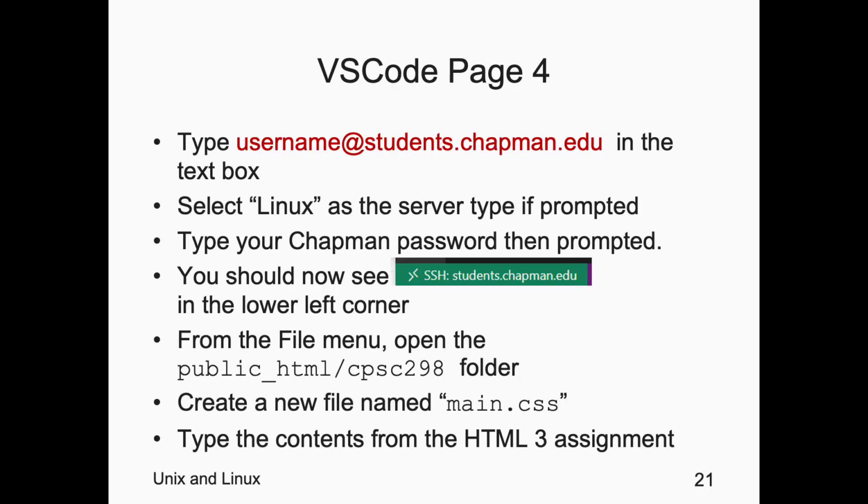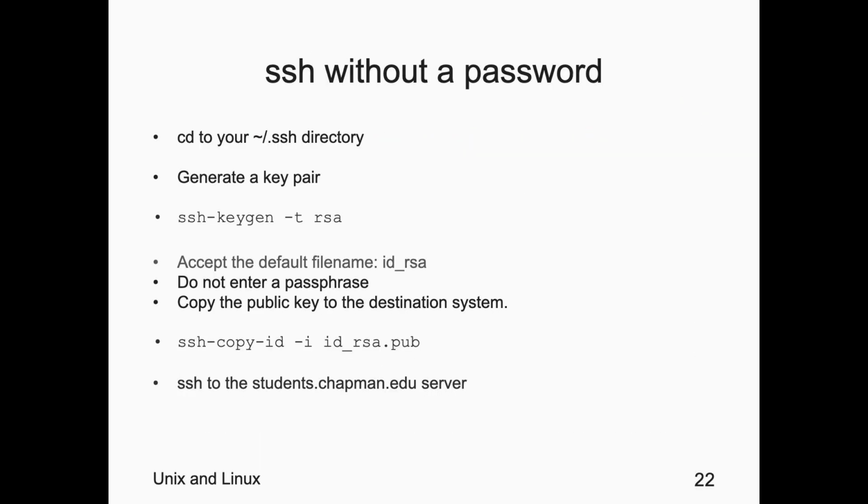So you can read here the instructions on exactly how to set up the VS Code remote SSH features. And there's also one more way to SSH, and you can do this without a password. I'm not going to get into this, but this slide simply displays how to do that.